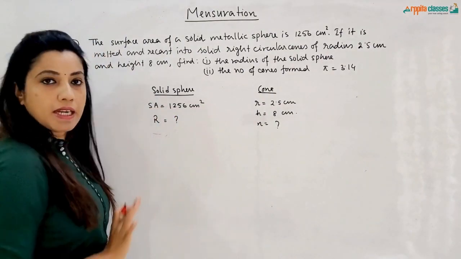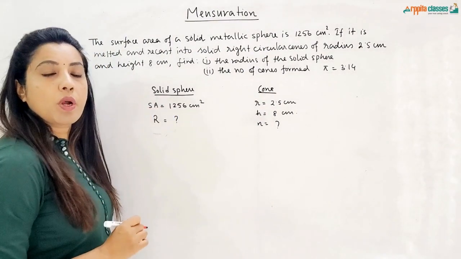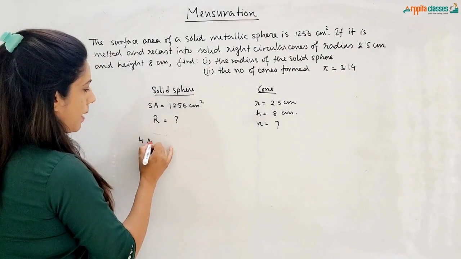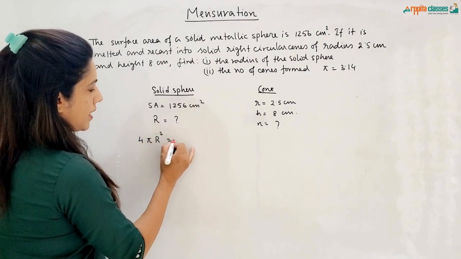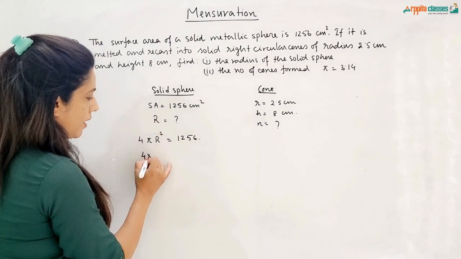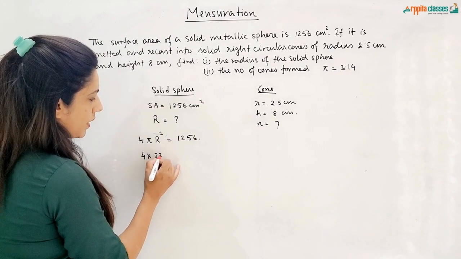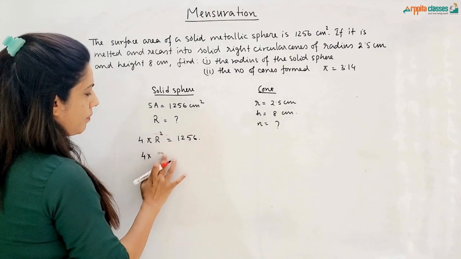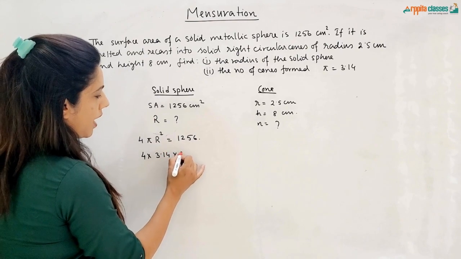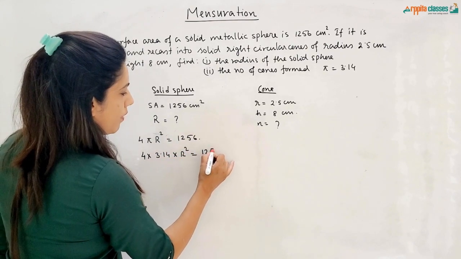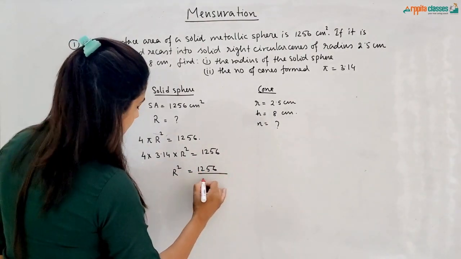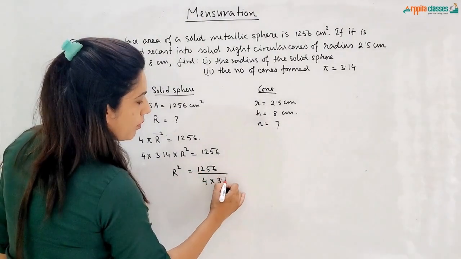Now here surface area is given. Surface area of a solid sphere is 4 pi r square. So I will write 4 pi r square is equal to 1256. Now let us put the value. Pi I am putting as 22/7, or you can put 3.14. So 4 into 3.14 into r square is 1256. So r square will be 1256 divided by 4 into 3.14.